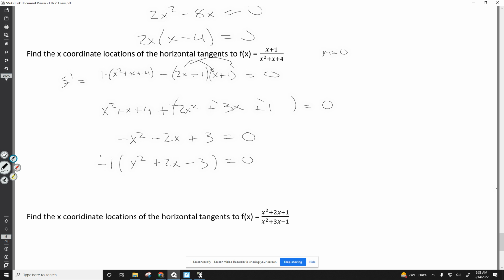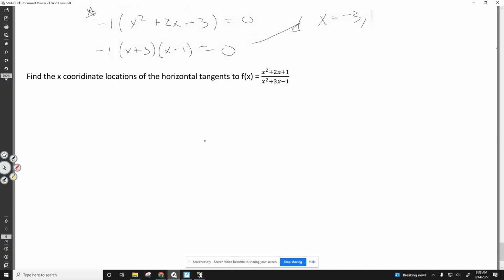And this is important for the future, making sure that things don't disappear on you, or else it'll hurt you in the long run. We can factor x squared plus 2x minus 3. That's x plus 3 times x minus 1. So the negative 1 does nothing. It doesn't mean 0 is a solution. The solutions are negative 3 and 1. Okay?